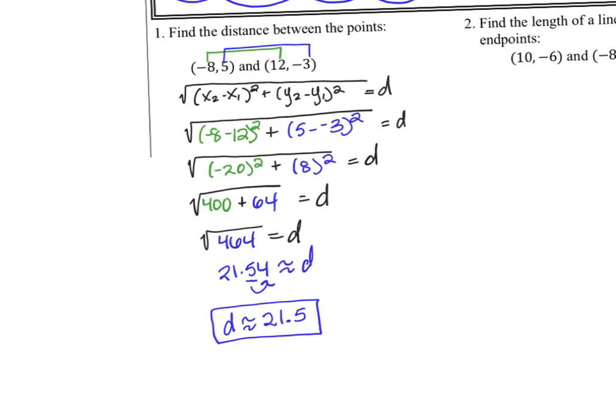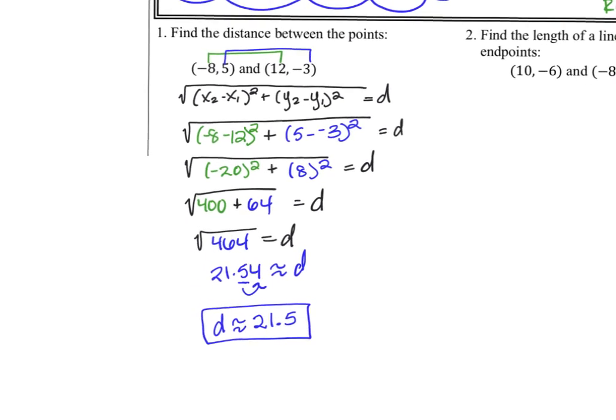So let's compare this to what it would have looked like if I would have used Pythagorean theorem. So remember, if I wanted to find the distance, I'd have to subtract the points, right? So if I subtracted these points right here, I knew that the distance between the x values was 20. So that would be 20 squared. And then for the y values, I was at 5 and -3, and the distance between those was 8.